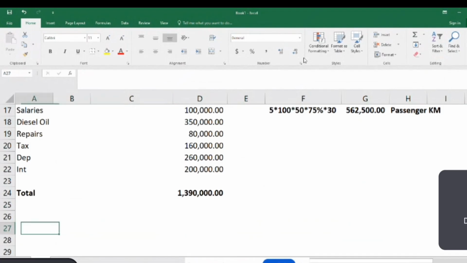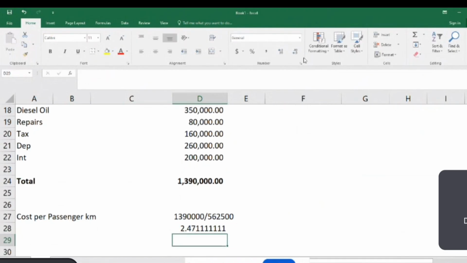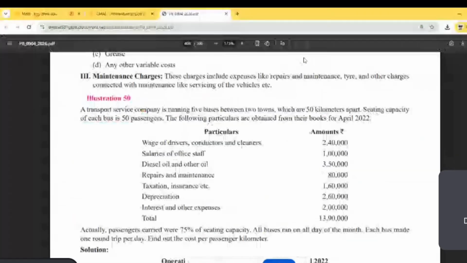If you want to find the cost per passenger kilometer, you just divide 13,90,000 by 5,62,500. If you do this, you will get your cost per passenger kilometer. Okay, getting my point? So this is your cost per passenger kilometer.